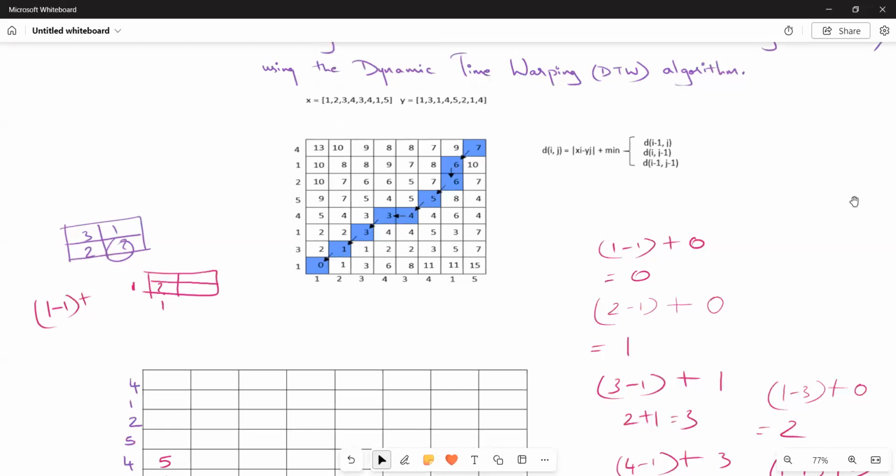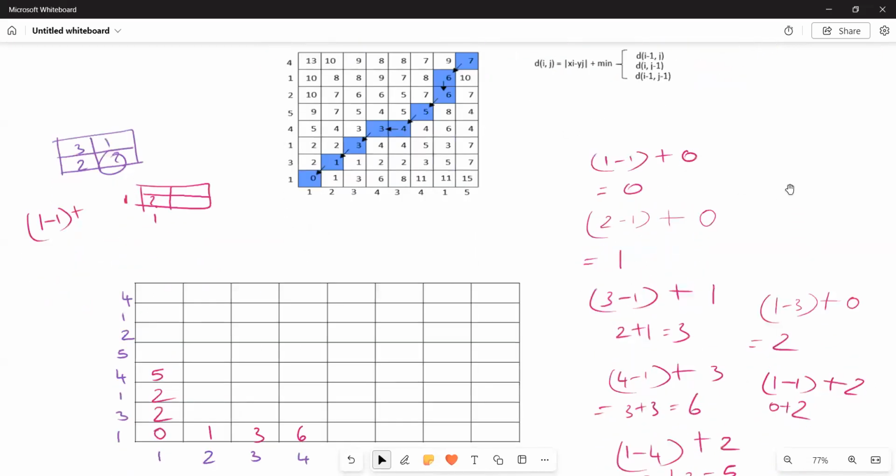So what do you do? I say there is 7 here. Okay, I again take up the square box. I try to find out which is the minimum value. Okay, so the minimum value right here in this place is 6, right? So my direction goes towards 6.